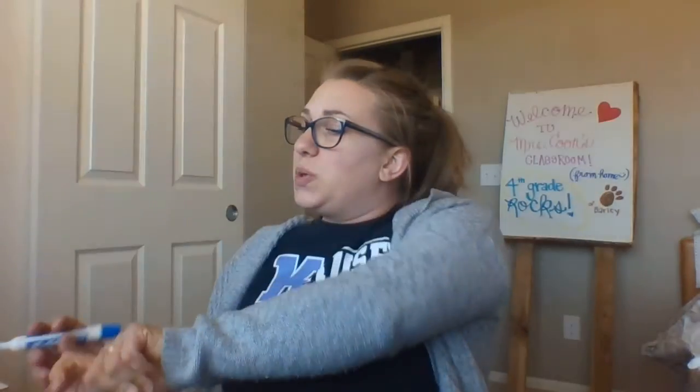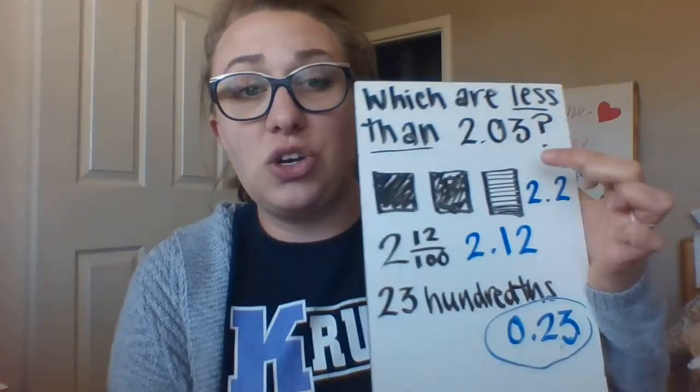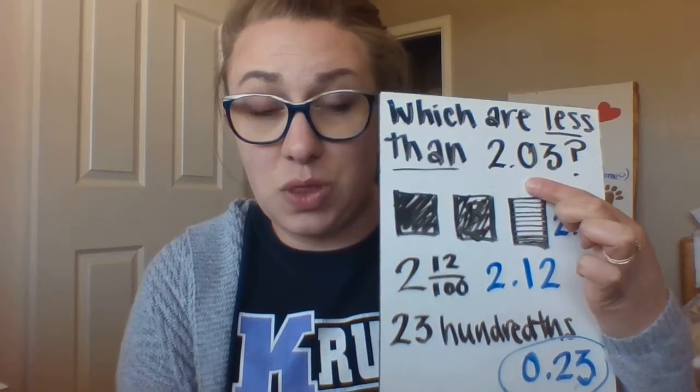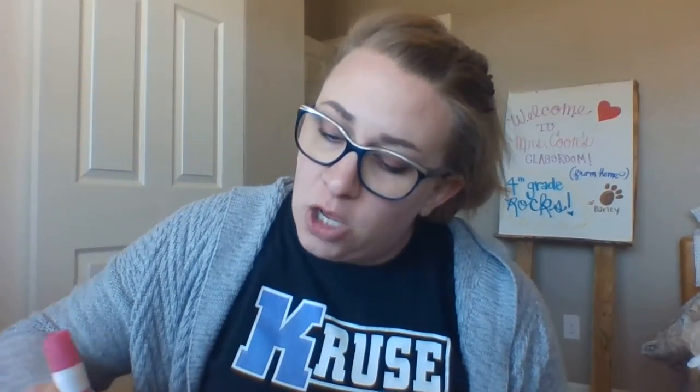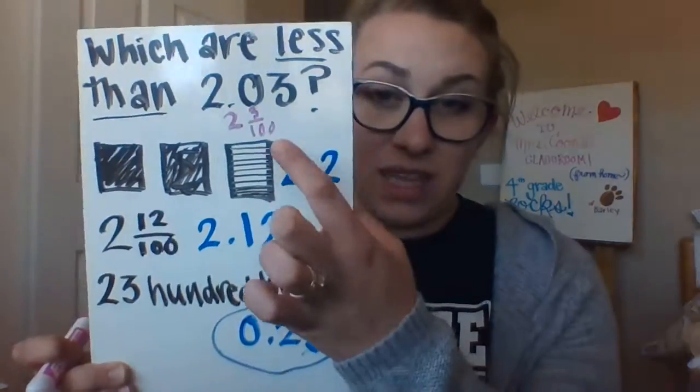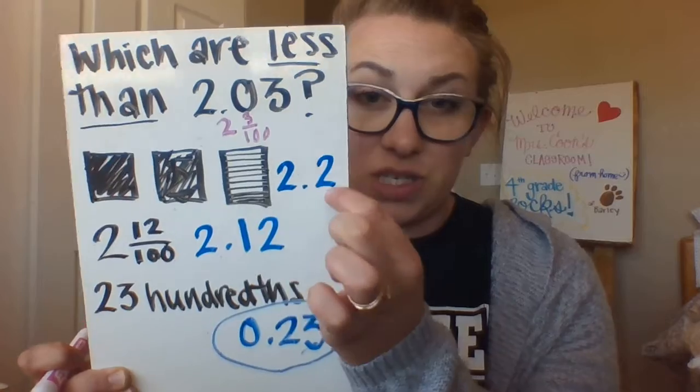Okay, I'm going to show you another way we could have compared these numbers, and I'm going to write them in pink. We could have actually turned this number here, 2 3/100, into a fraction. Have that there in pink, 2 3/100. This number, 2 2/10, as a fraction, is kind of like that.